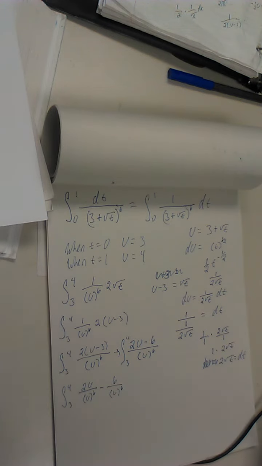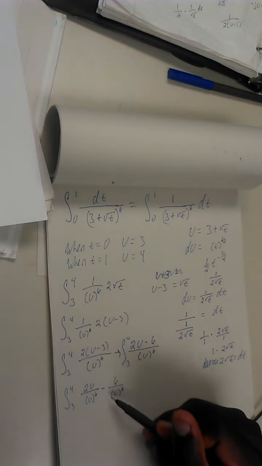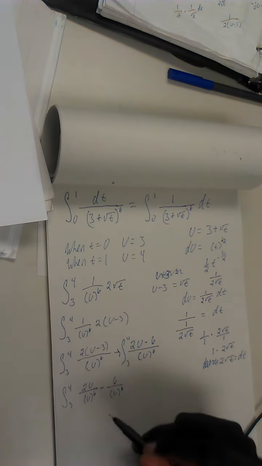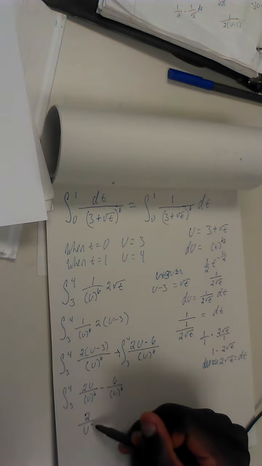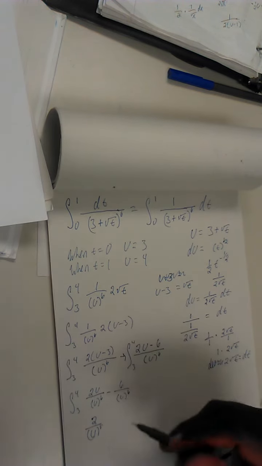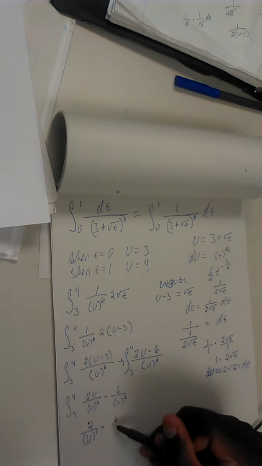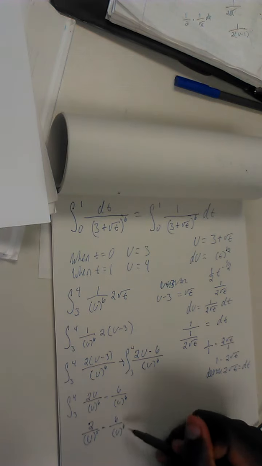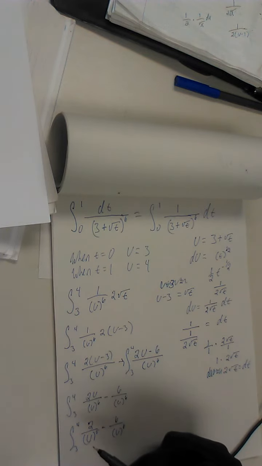Let's simplify a little bit first before we integrate. One of these u's can go away, so you're looking at 2 over u to the 5th minus 6 over u to the 6th, going from 3 to 4.